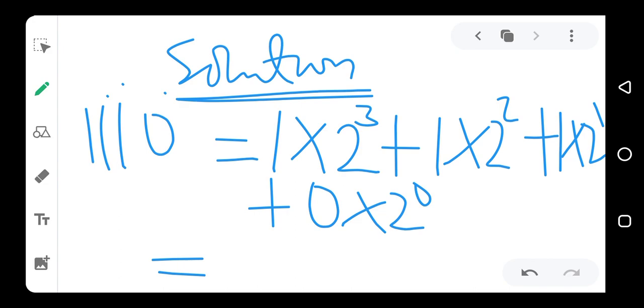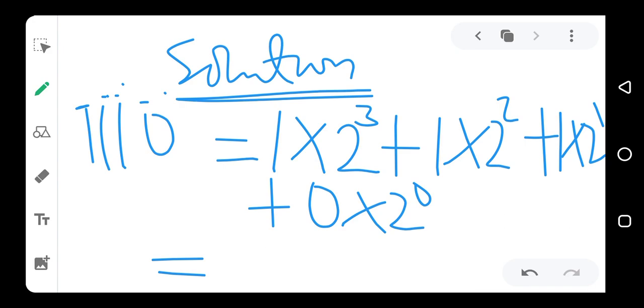I told you in the previous class that to convert any number from base 2 to base 10, you multiply each of the figures by 2, then raise to the power of the number of figures remaining in front of the figure you are counting. So if we pick the first one, how many figures are in front of it? 1, 2, 3. So it becomes 1 times 2 raised to power 3.